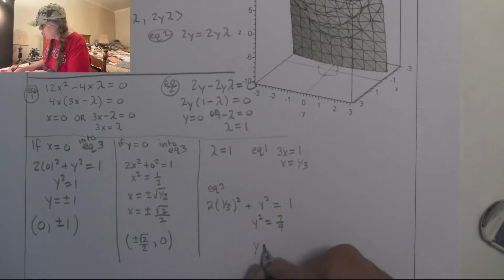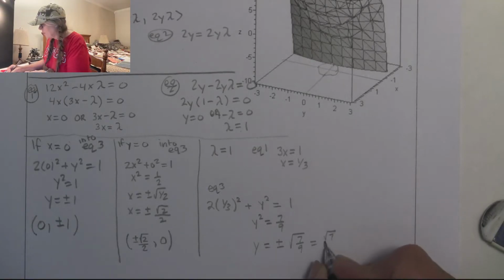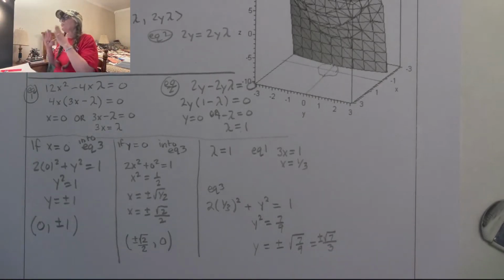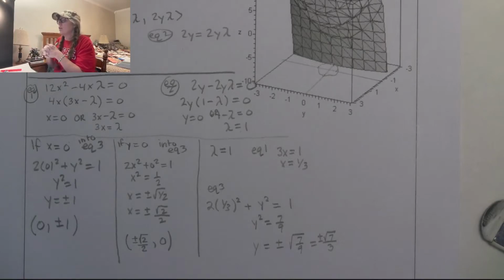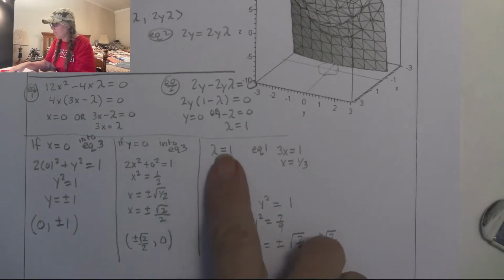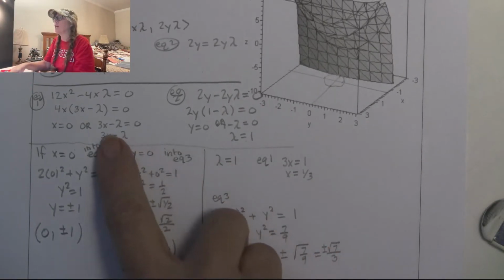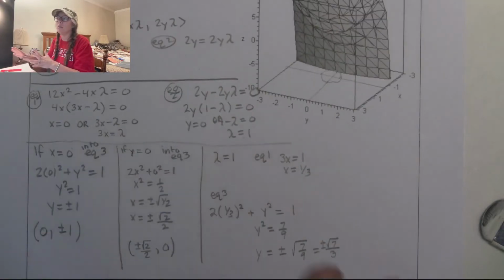So y equals plus or minus the square root of 7/9, which is plus or minus the square root of 7 over 3. Okay, so that works there in equation 3. This is when we had lambda is 1 and also satisfied this 3x equals lambda thing.